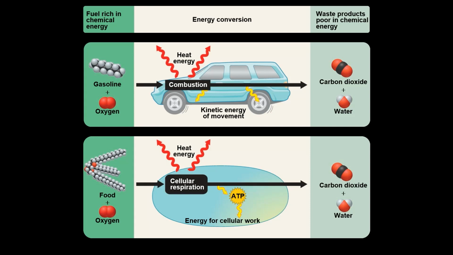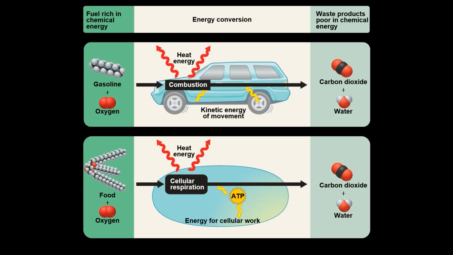Albeit, because it's a metabolic process, it does it in a much more careful, complex, slow, and considered way. If we were to release all of the energy from our food simultaneously, we would just spontaneously combust. But at a fundamental level, these chemical reactions are very, very similar to each other.